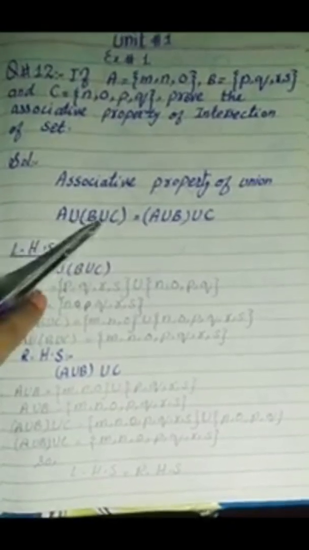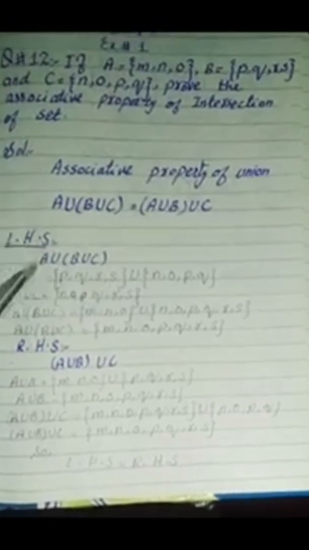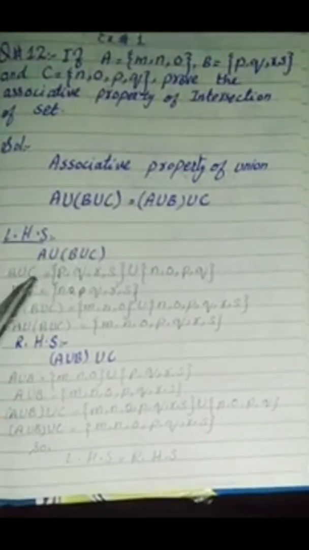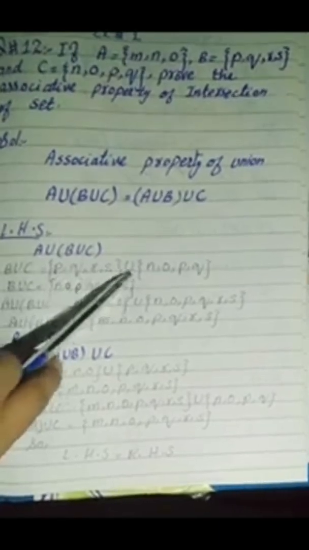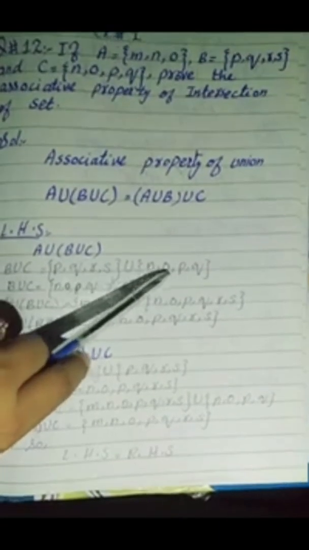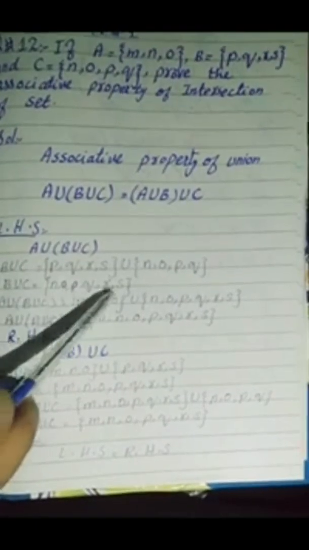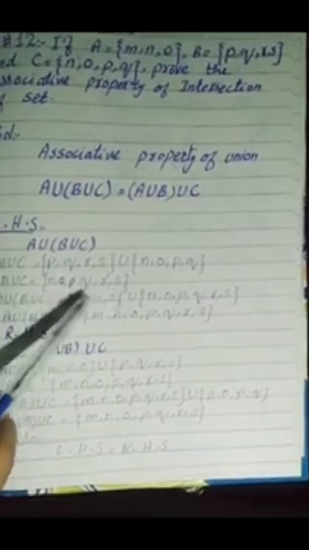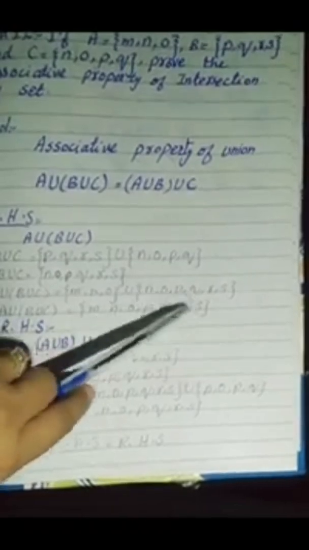Here the bracket is on B union C and here the bracket is on A union B. Left hand side we have A union bracket B union C, and first we solve the bracket, so B is PQRS union C is NOPQ, and the union of both sets is NOPQRS.